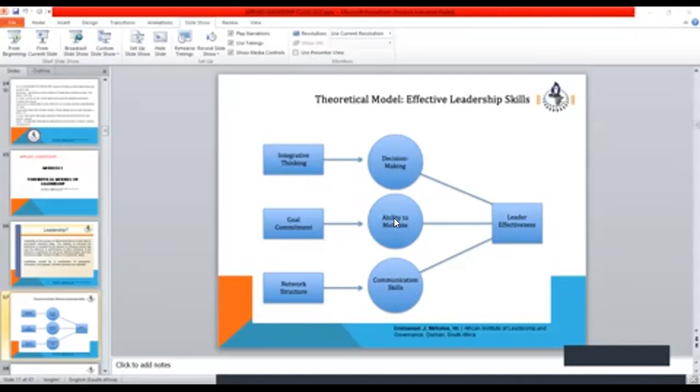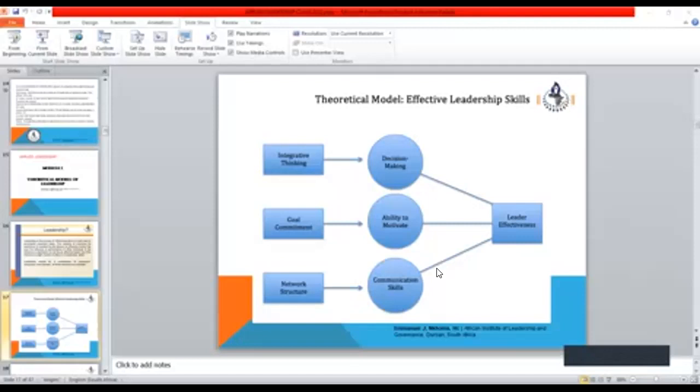Now, let me speak about what we talked about last week, for example. When we spoke about positional leadership, that is when you are given a position at work or you are promoted and there are expectations for you to perform. But for that, you may not have all those goals because you are taking it specifically as a job.